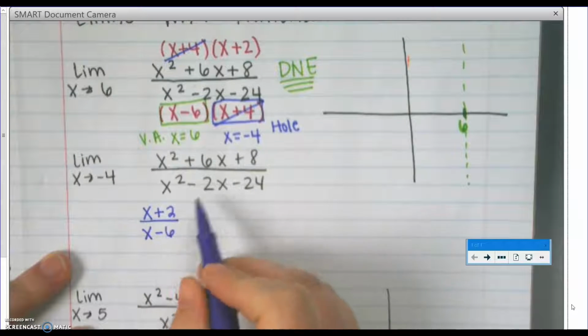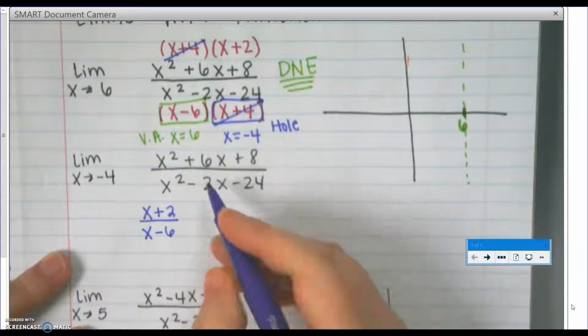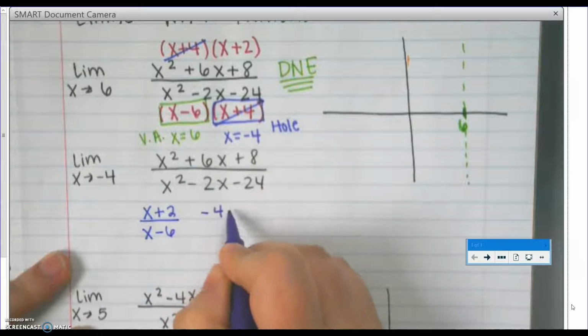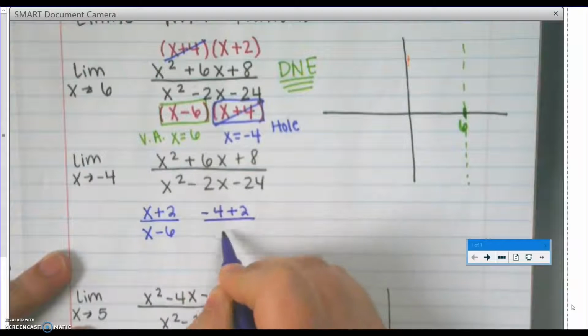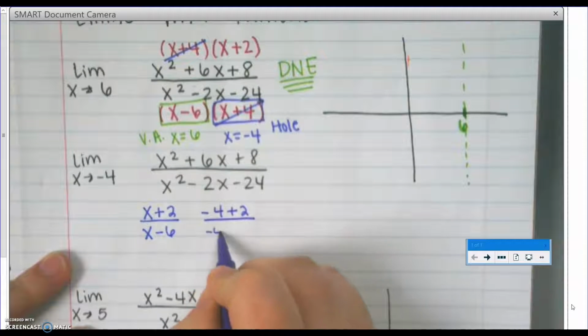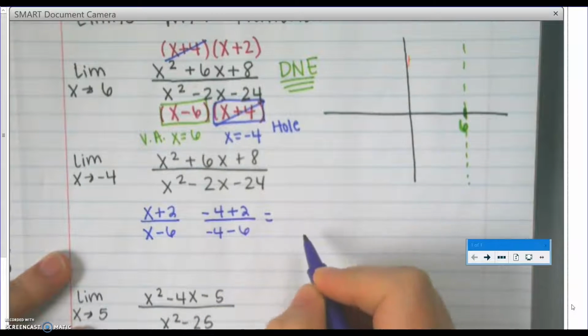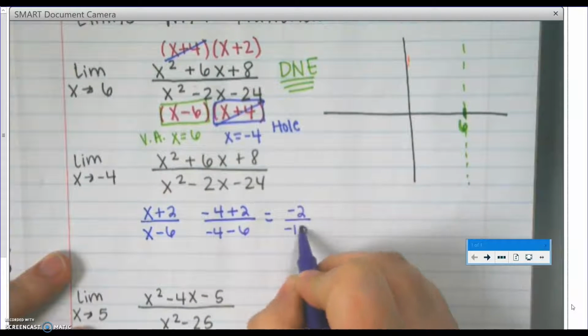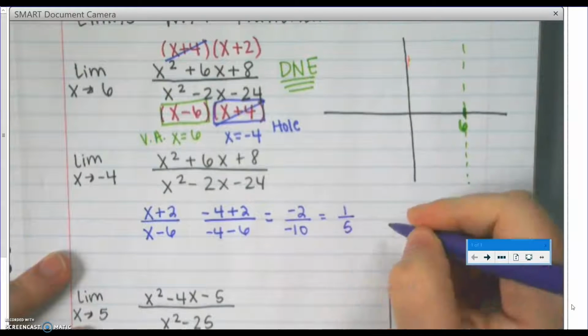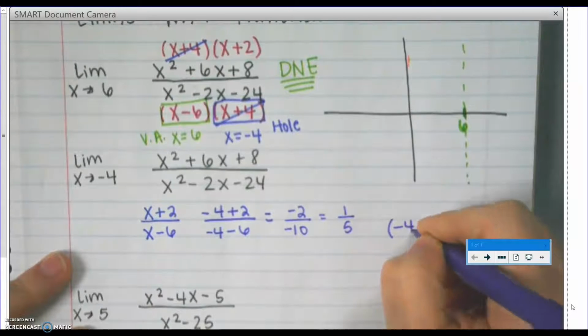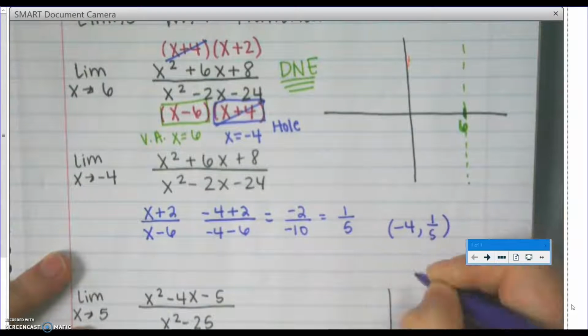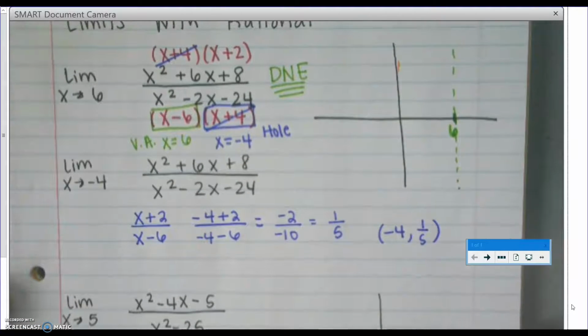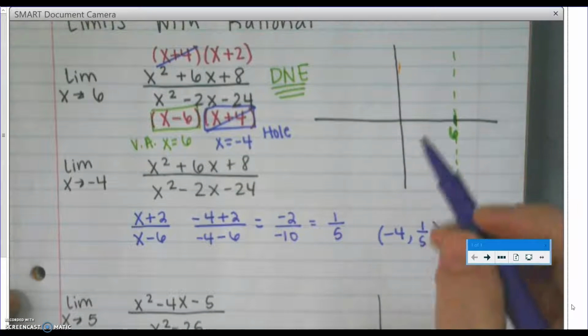And we need to plug in -4 for x so that we can find the y value of that hole so that I can plot that point. So the numerator over the denominator reduces to 1/5. So I have a hole on my graph at the point -4 and 1/5.